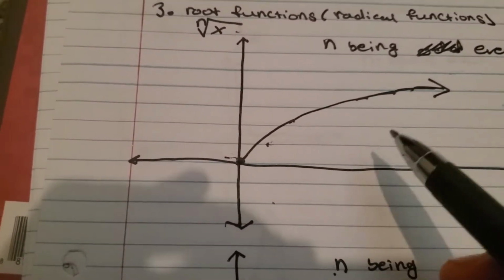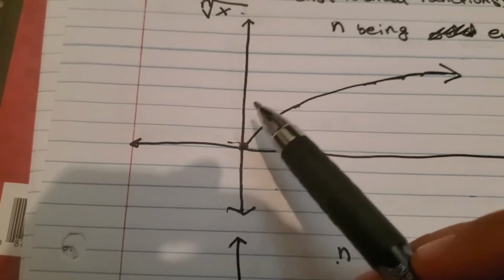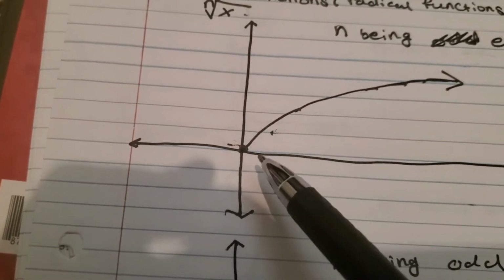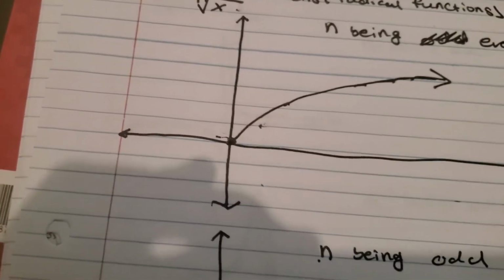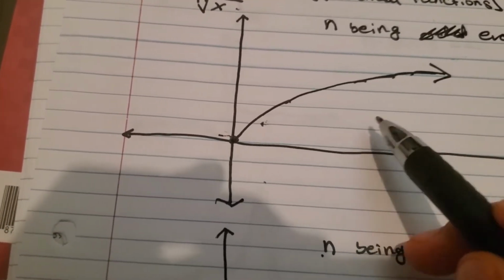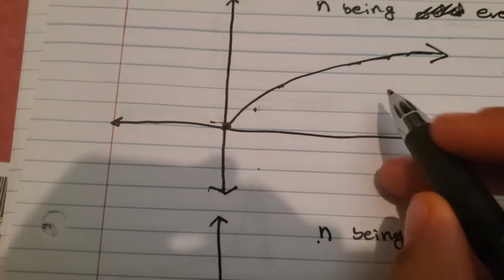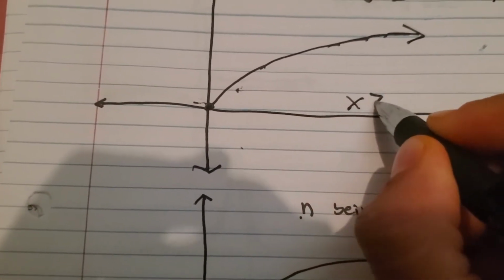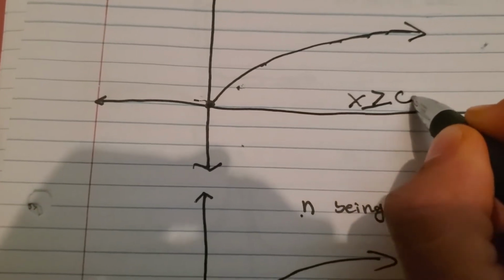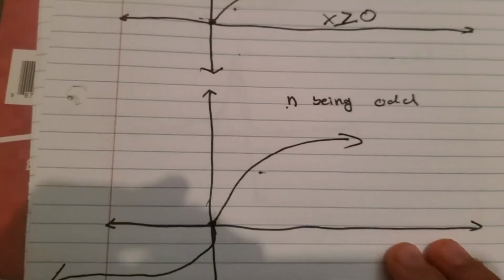If it's an even root, by definition we can't have a negative number under the root, so we start from 0, and it might change based off of its transformations, but it starts at 0. So x has to be greater than or equal to 0, and that's its domain.